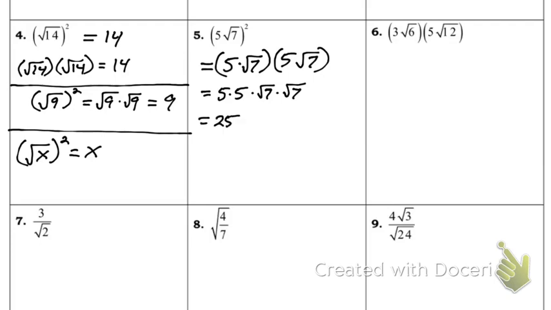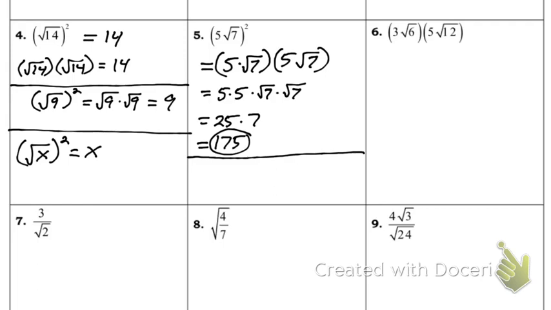That's 25. What's square root of 7 times square root of 7? It's just going to be 7. And what's 25 times 7? In other words, how much money do you have if you have 7 quarters? 175.